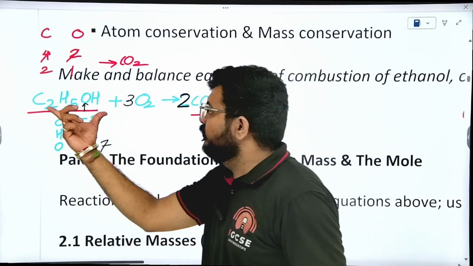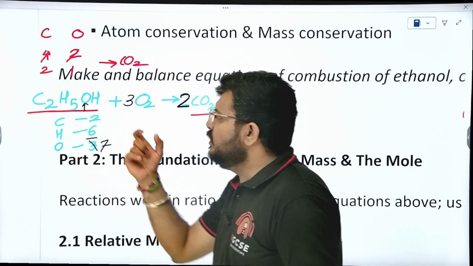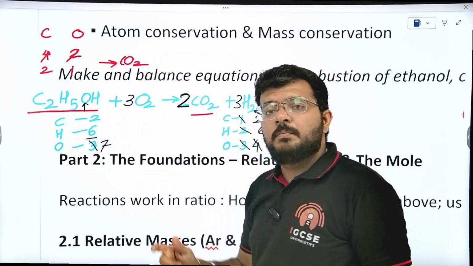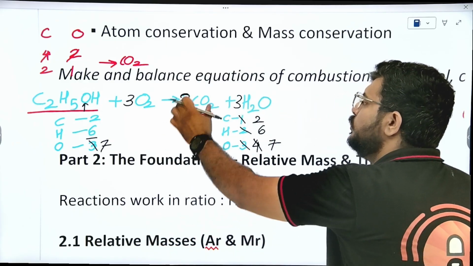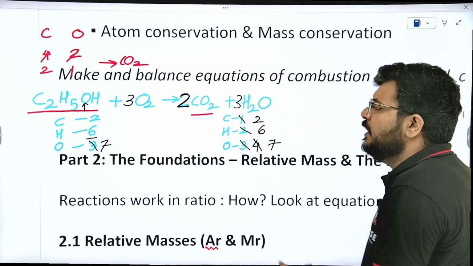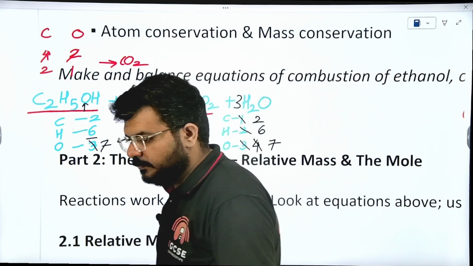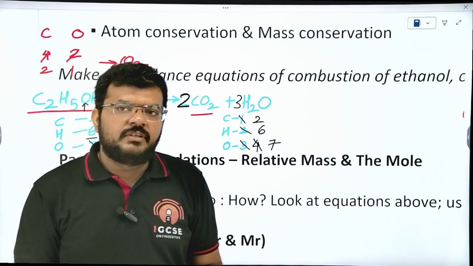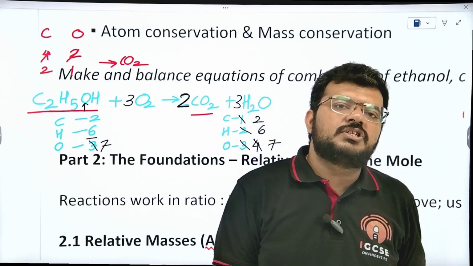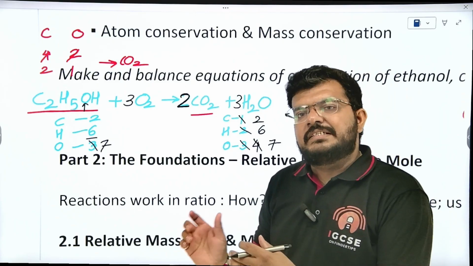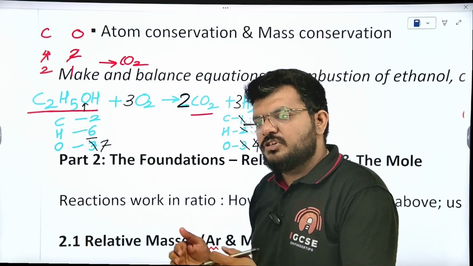Can I say one molecule of ethanol requires 3 molecules of oxygen to combust to form 2 molecules of carbon dioxide and 3 molecules of water. Now, instead of molecules, I will be able to establish why it is easier to use this terminology, that it is the basis of the mole concept, the basis of parts.